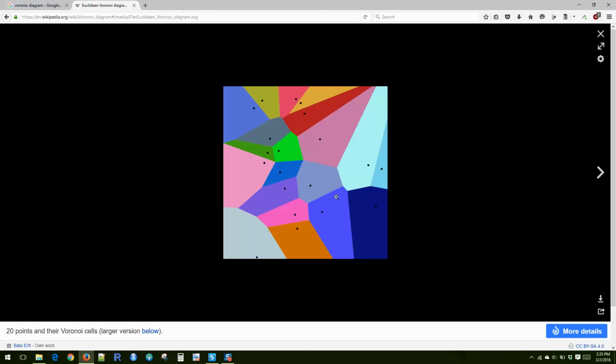And so this is how the k-means clustering algorithm is going to end up partitioning your space, okay? Your initial starting point, it's going to do this, and then it's going to cluster based on these things, and then it's going to recalculate the centers, and it's going to proceed that way.